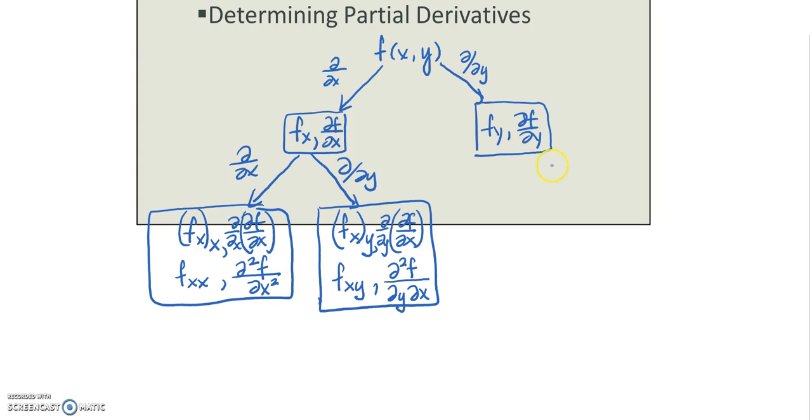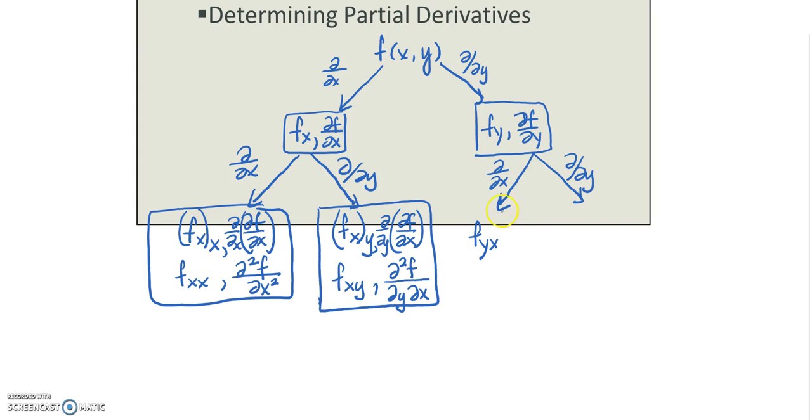Over here, similar process. If I had the partial of f with respect to y, I could then follow that with a partial with respect to x, or I could follow that with a partial with respect to y. If I follow with a partial with respect to x, in the subscript notation I started with a y and followed with an x, so I'd have f sub yx.